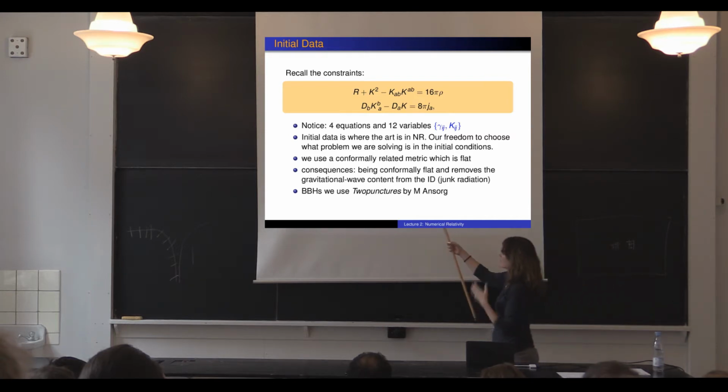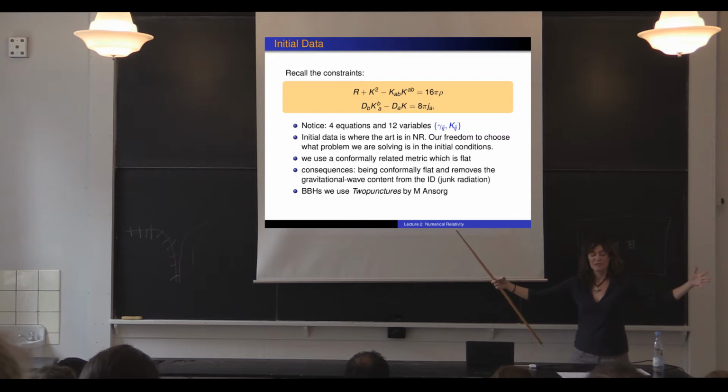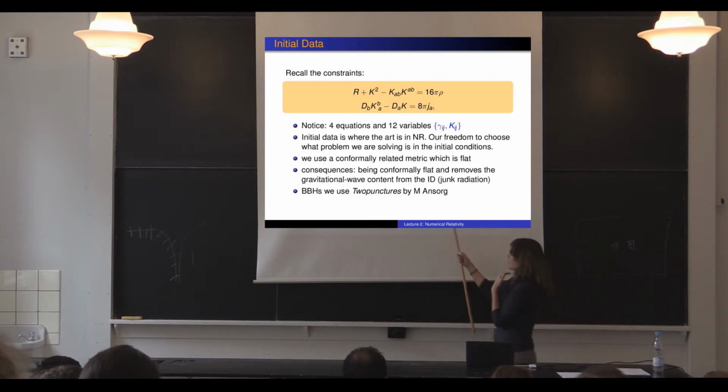The other consequence of this initial data is that we don't have any gravitational wave content from what the black holes have been doing for a million years before we got there. So we're basically starting as if they appear there all of a sudden. This is what we call junk radiation.